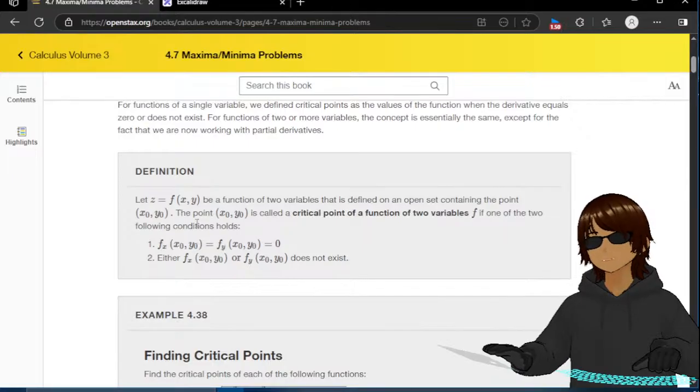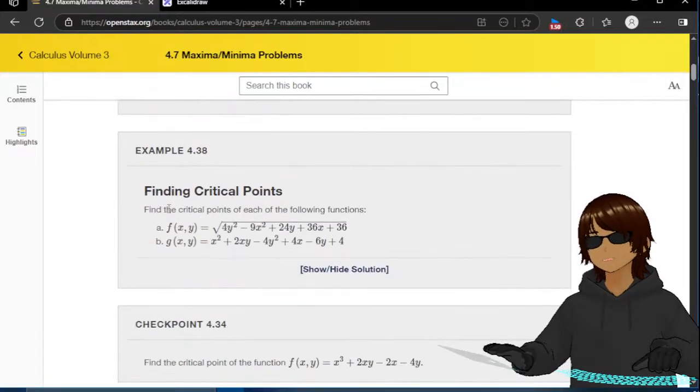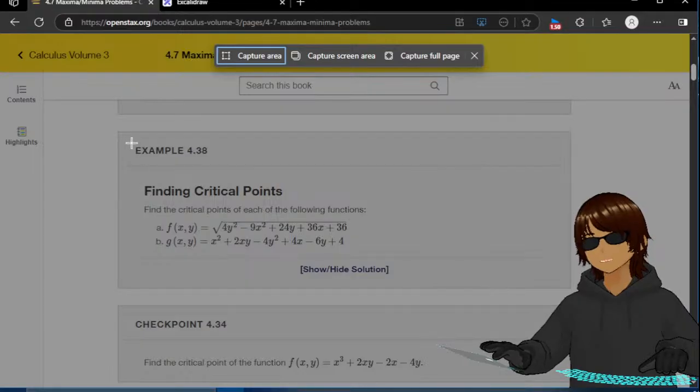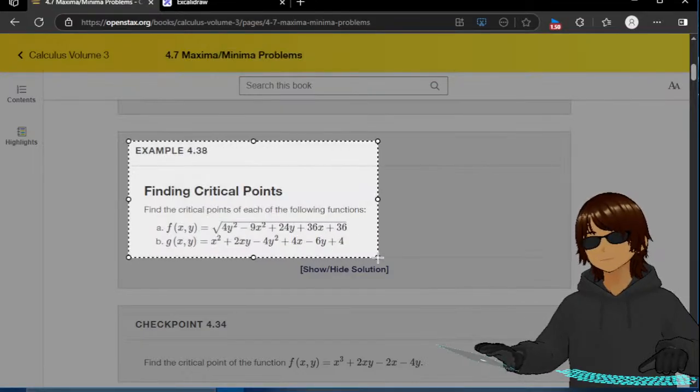What happens if both of them don't exist? Find the critical points of each of the following functions. Example 4.38.